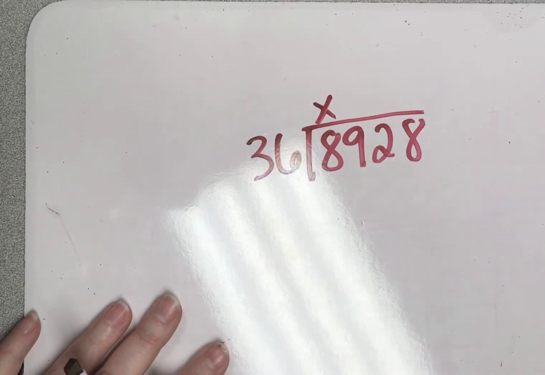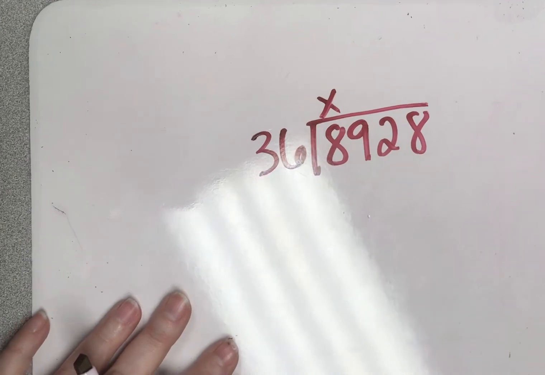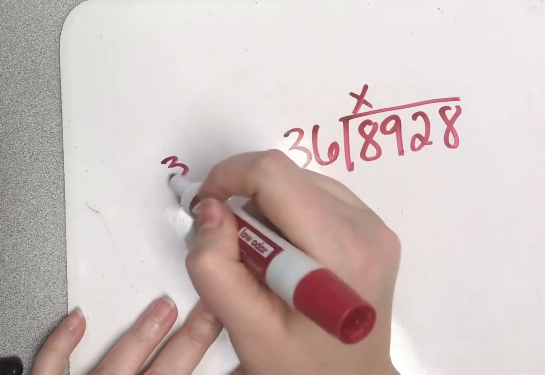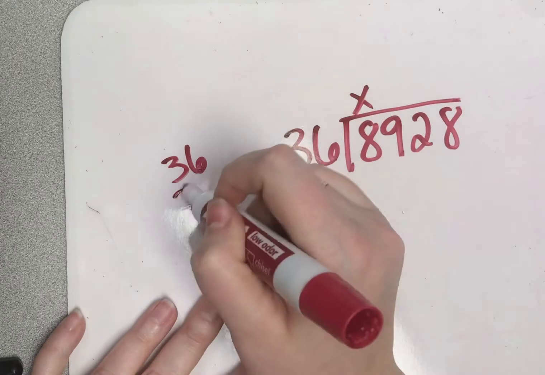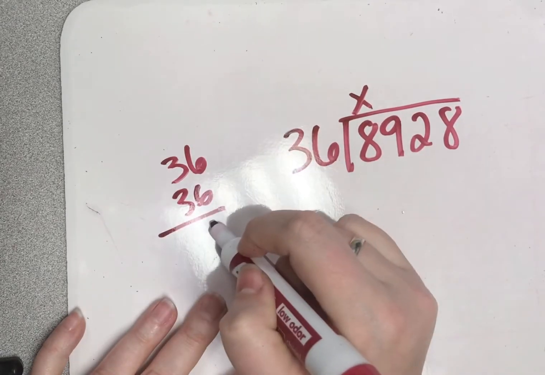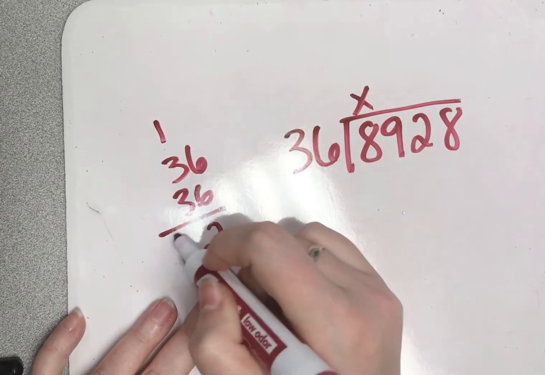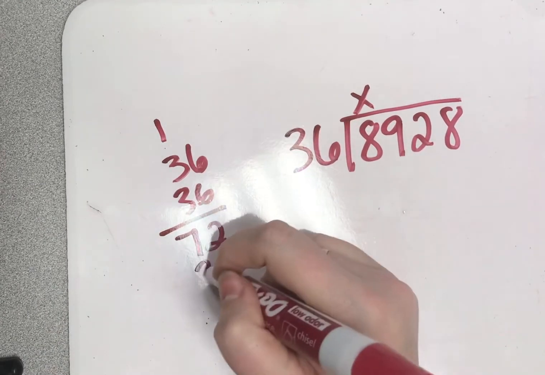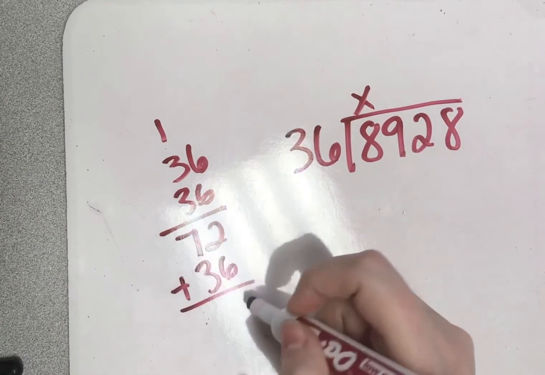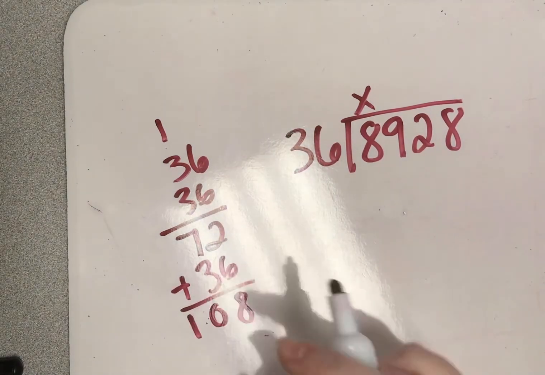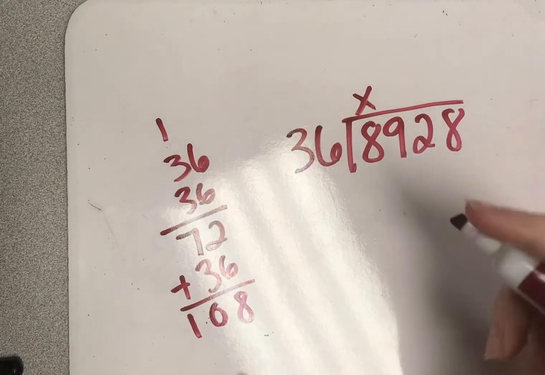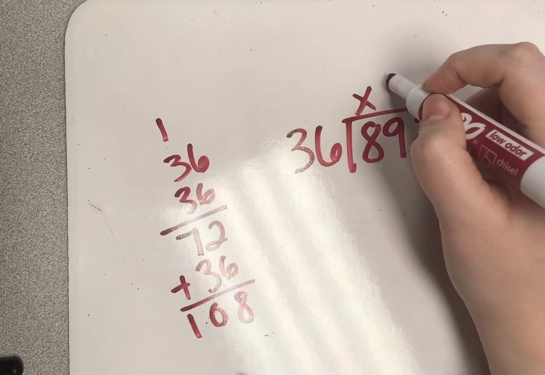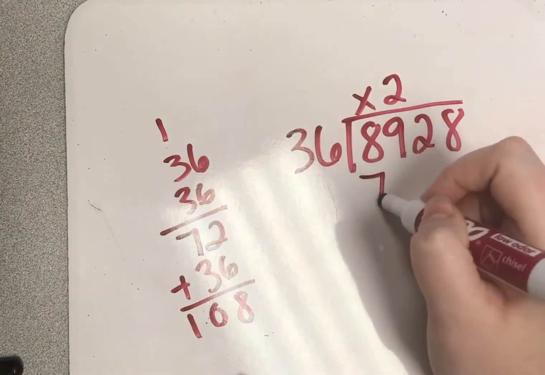If you don't know your 36s already, it may be a good idea to list some or do some adding to see. 36 and 36 would be 72. So that's pretty close. I'm sure that's right, but I'm going to add one more set just to see. So I get 108, and that's obviously too big. So 36 goes into 89 2 times, which we said was 72.